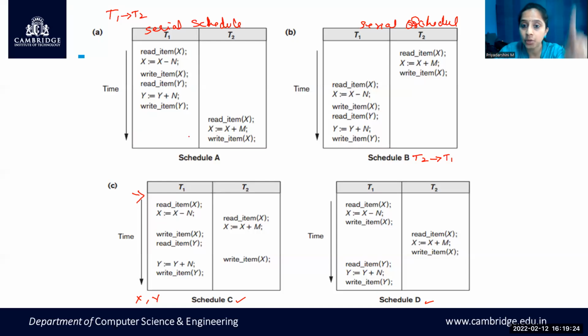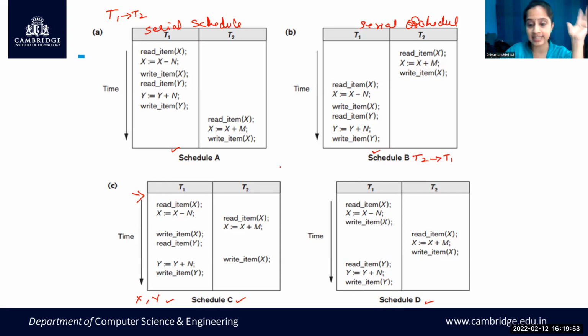It's only 2, that is schedule A and schedule B. So the output of schedule C should be equivalent to either schedule A or schedule B. If the final output of X and Y in schedule C is equivalent to schedule A or schedule B, then I call schedule C serializable. Otherwise, I call it non-serializable. It is not matching.